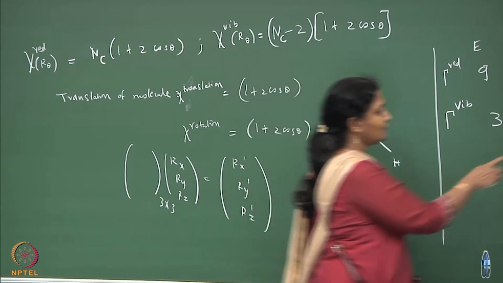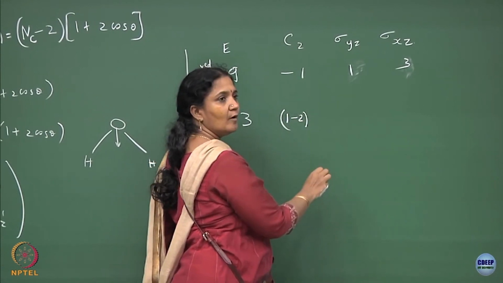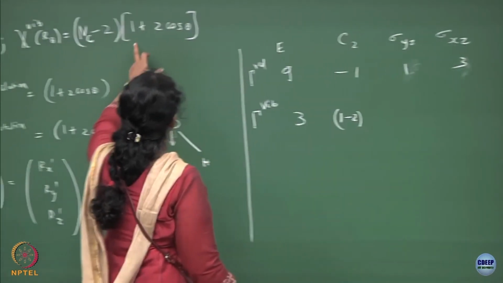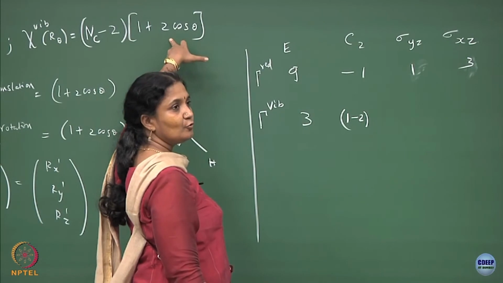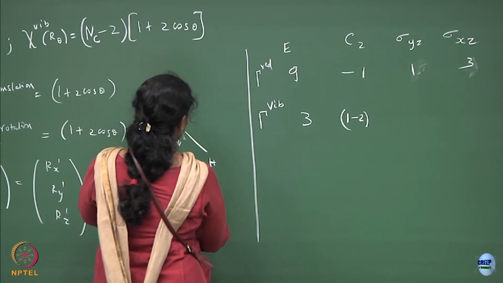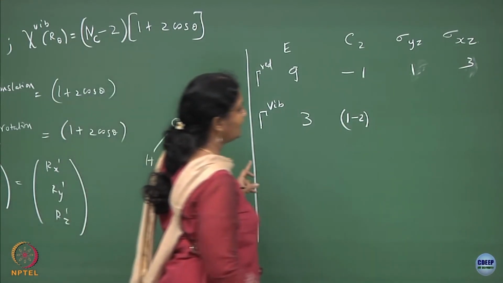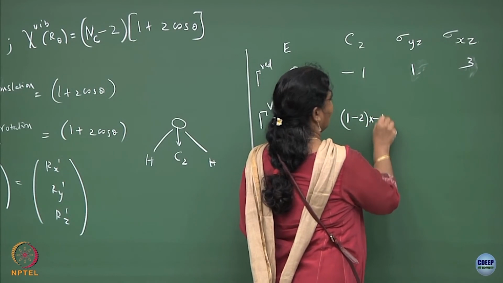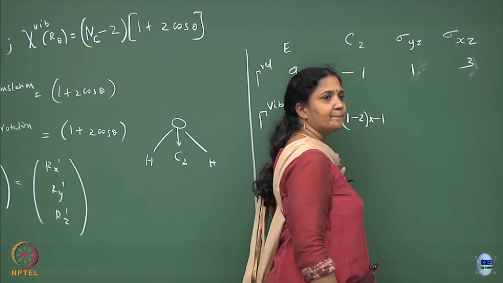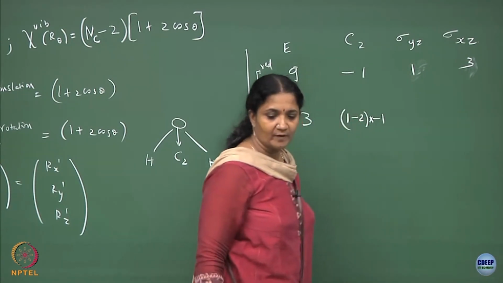So, NC has to be 1 minus 2, and then 1 plus 2 into cos 180 degrees, because I am doing a C2 operation. So, what will that be? Minus 1. So, this is plus 1 finally.